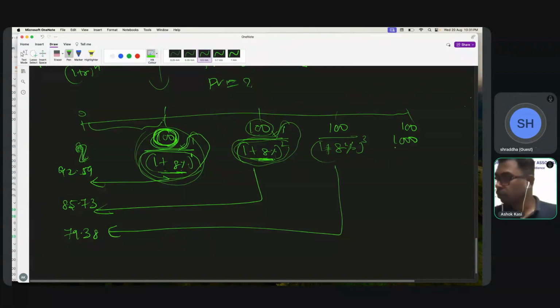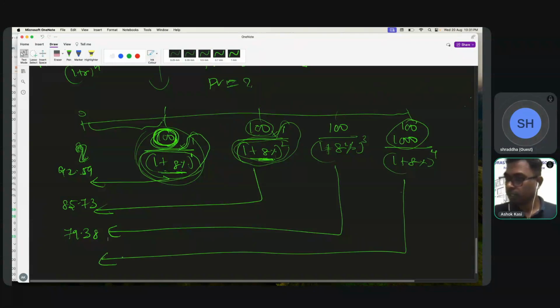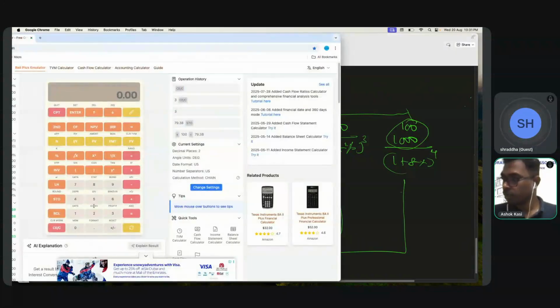Then the fourth one. Mind you, here you are going to get 1100 rupees. So I will discount it at the market rate of 8% for 4 years. So that will be 8% plus 1, raised to 4, equal to. Then the denominator is sorted out, but I want the inverse.